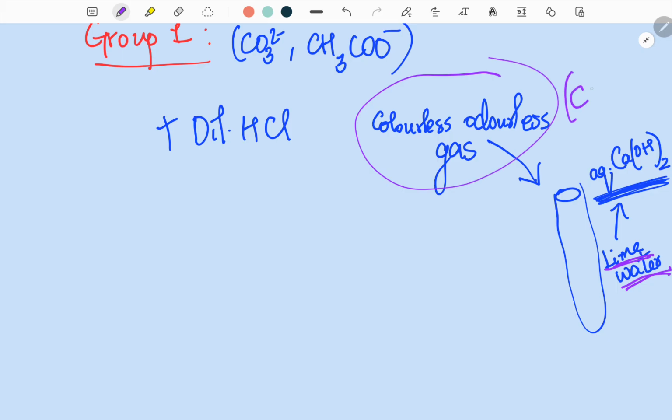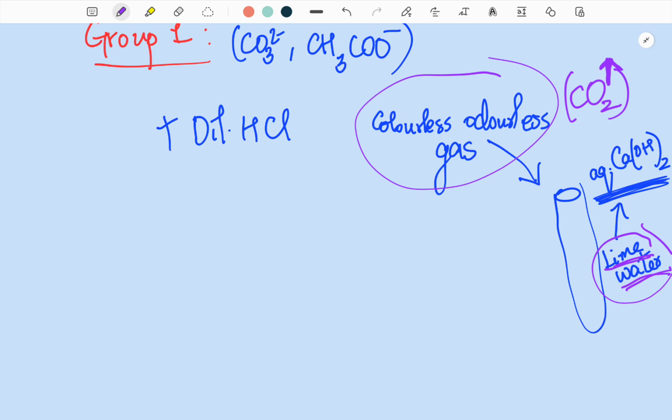The colorless odorless gas is nothing but carbon dioxide. So that is why I told you it is better not to do the lime water part, because lime water will easily react with CO2 from the air itself, because you know in the air there is carbon dioxide. So it will easily react with carbon dioxide in the air, and it will automatically turn milky. It will turn white in color, and you will mistake that for the presence of carbonate. But actually you need to do this test with the colorless odorless gas.